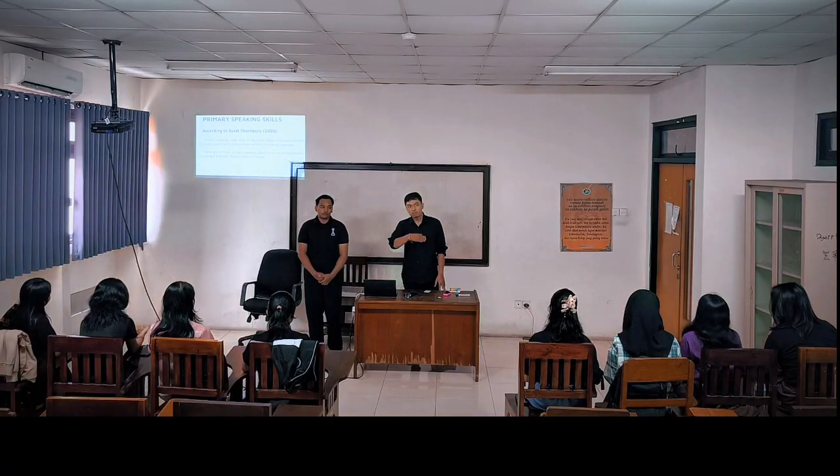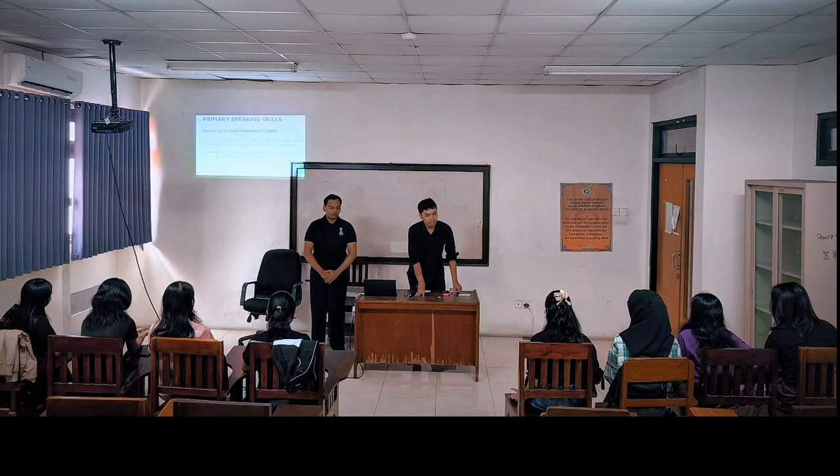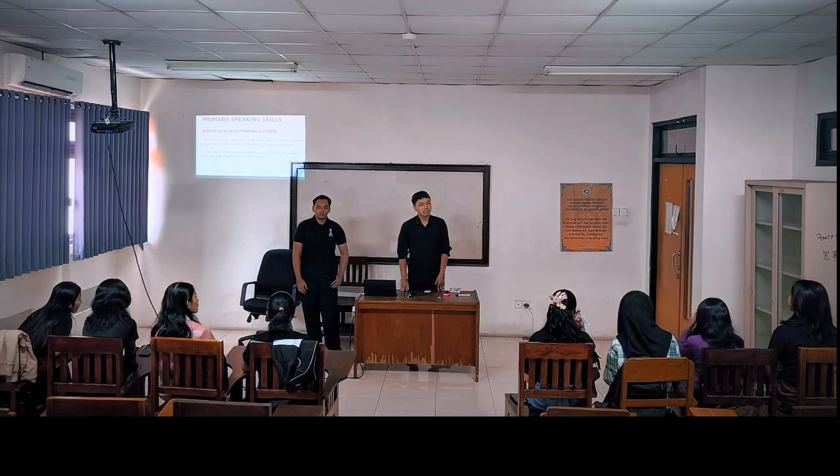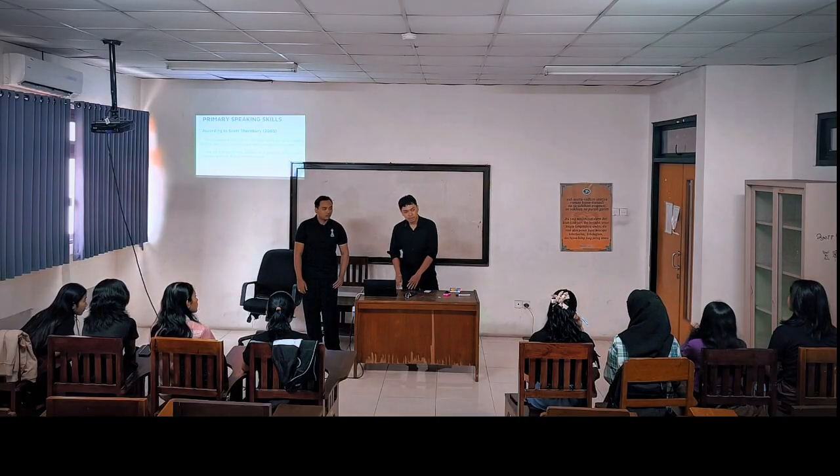Second is vocabulary. They at least need to master some basic vocabulary. For example in the class, they know what is meja in English: table, chair, drawer. Then grammar: they at least have the ability to construct a basic form of sentences like I will go to school today, etc. They need to master that in primary at least.